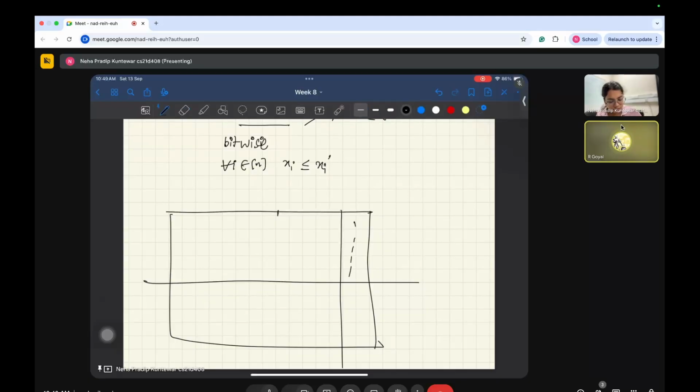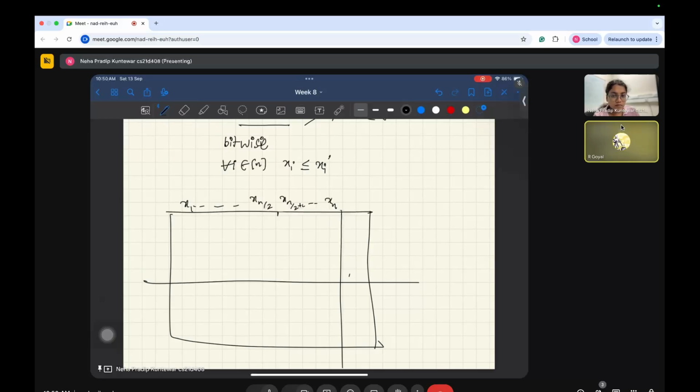Now I'm only worried about the values on the left-hand side: x1 till x of n by 2, and x of n by 2 plus 1 till xn, divide and conquer kind of thing.